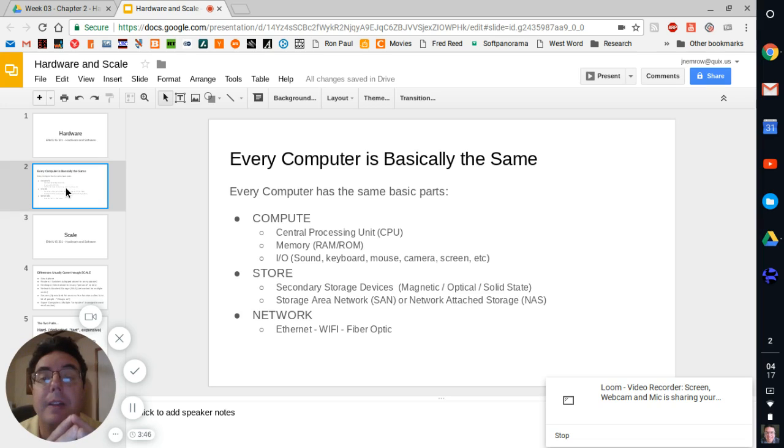Then, of course, when you went through the tour and looked at the hardware, we pointed out some different parts on it. But the things that probably showed up the most were store and I/O. Anyway, in storage, we already talked about the secondary storage devices that you have on your computer.